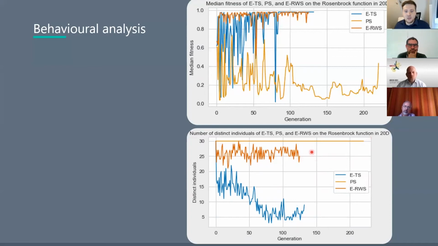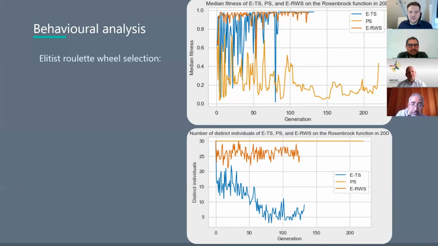Then we have elitist roulette wheel selection and elitist tournament selection, which can include duplicates and do so. However, the elitist roulette wheel selection does less so than the elitist tournament selection. The elitist tournament selection quickly deteriorates in diversity. On average, it has only 10 distinct individuals.